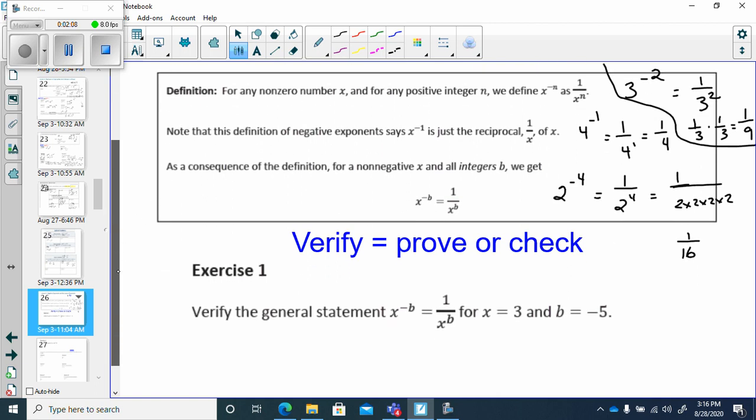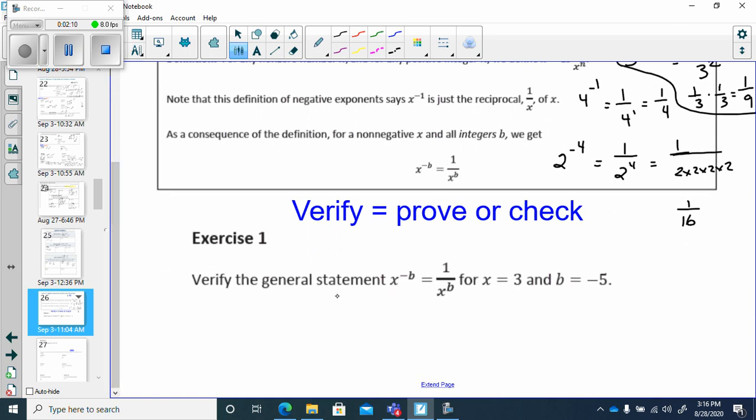Now, the first question it has down to here is verify the general statement x to the negative b equals 1 over x to the b for x is 3 and b is negative 5. Verify means prove or check. So let's simply plug things in.